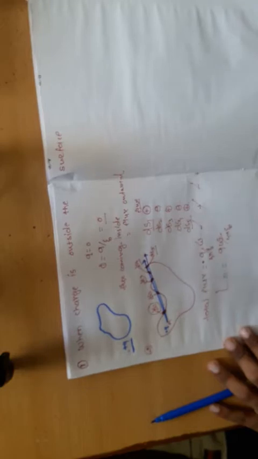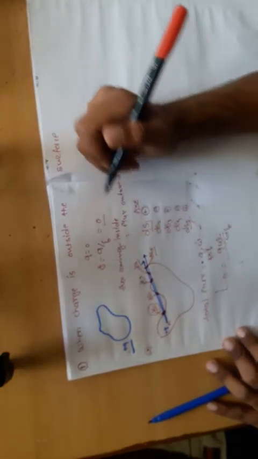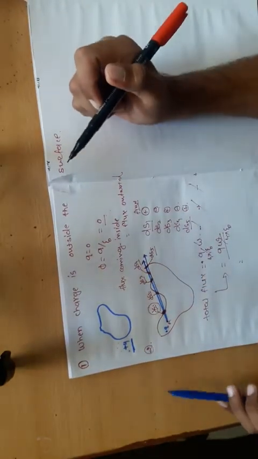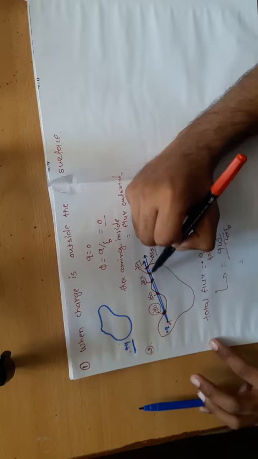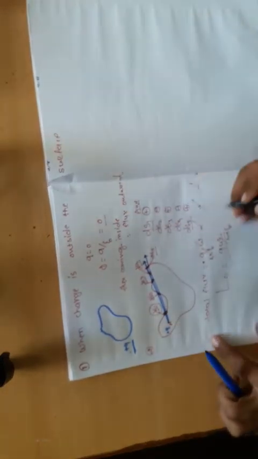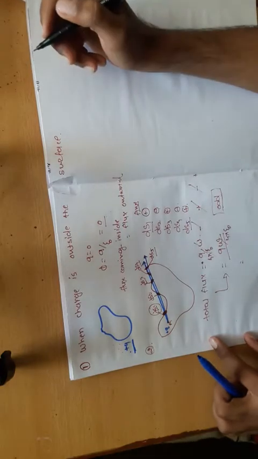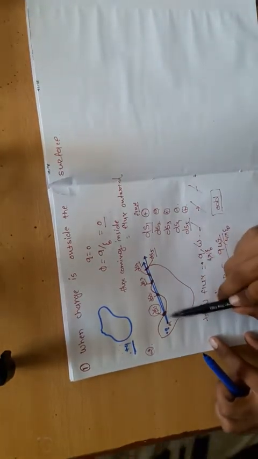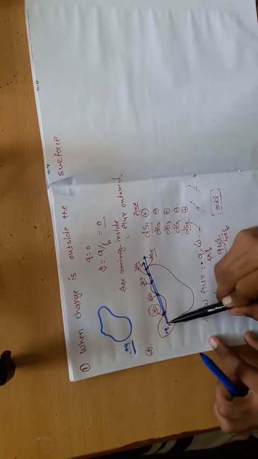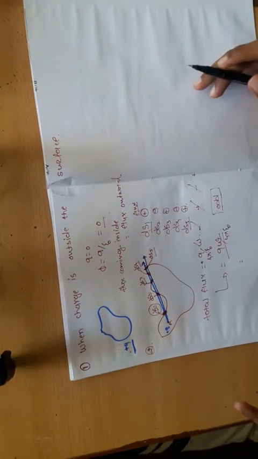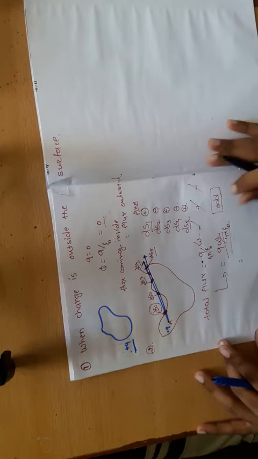This is the total flux. It means there is a certain value of flux when the field lines cross these surfaces an odd number of times.